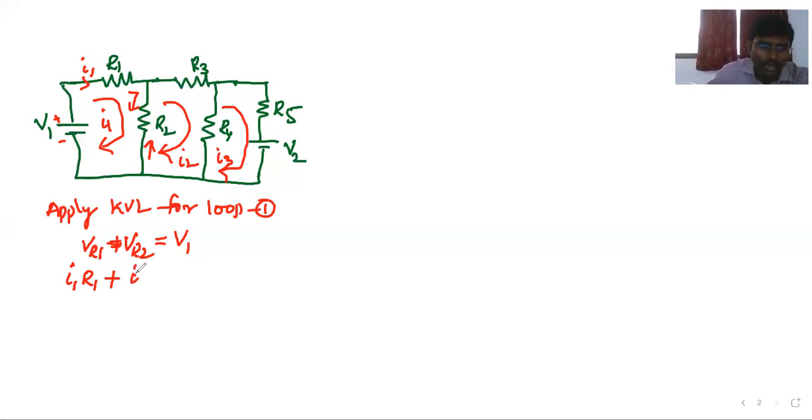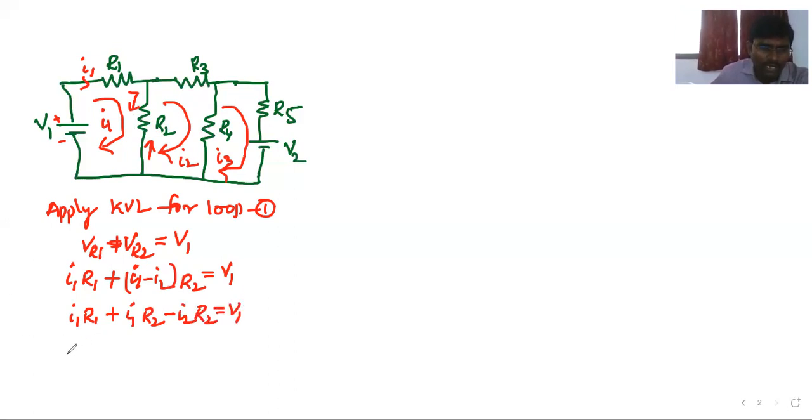So therefore, (I1 minus I2) into R2 is equal to V1. So here I1 into R1 plus I1 into R2 minus I2 into R2 is equal to V1.